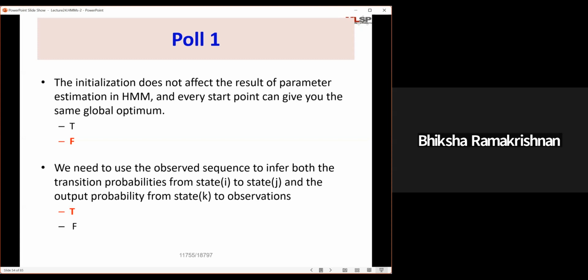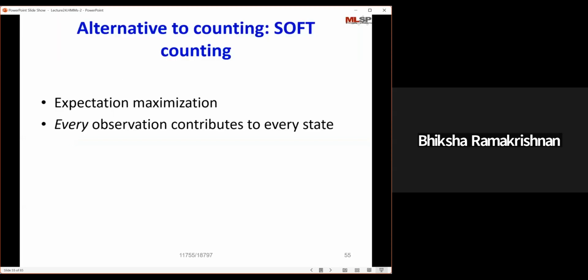Now, the problem here is that you are committing to a state sequence, right? You're saying, this is what I think the state sequence was. But ideally, you don't want to make that commitment because your initial estimate might just be wrong, right? And so to change that, you want to use the expectation maximization algorithm.